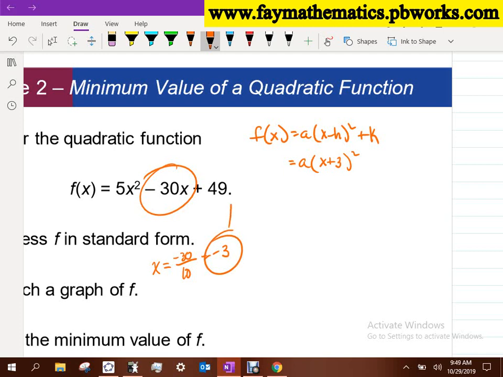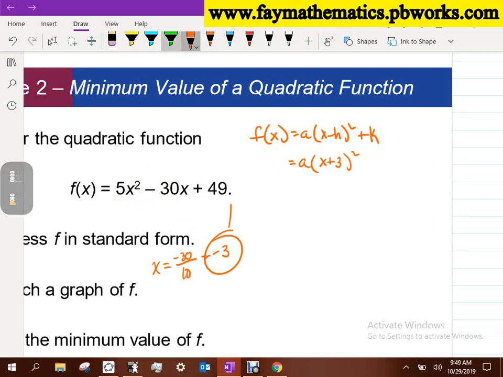If I plug -3 in here, it's going to be 5 times 9, minus 120? It would be plus 120, plus 49. Is that okay? So that's 45. So, 165? Huh? Yeah, I'm not very good at math.